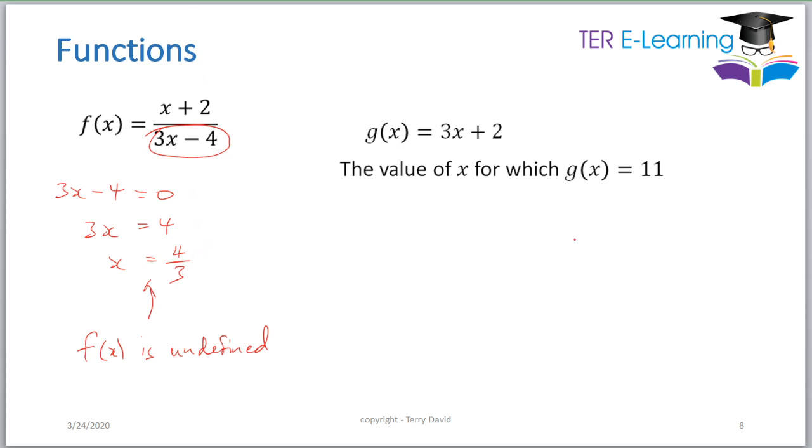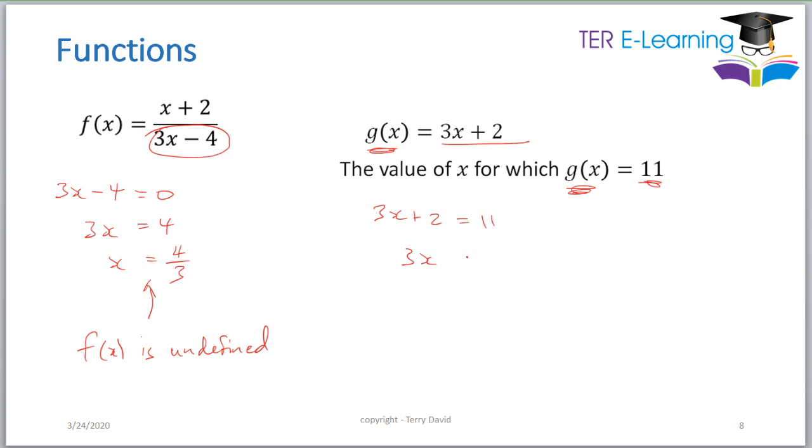Now, just like in the previous question, you have g of x equal to 3x plus 2. And they are saying g of x is equal to 11. So therefore, all we need to do is to put 3x plus 2 equal to 11.